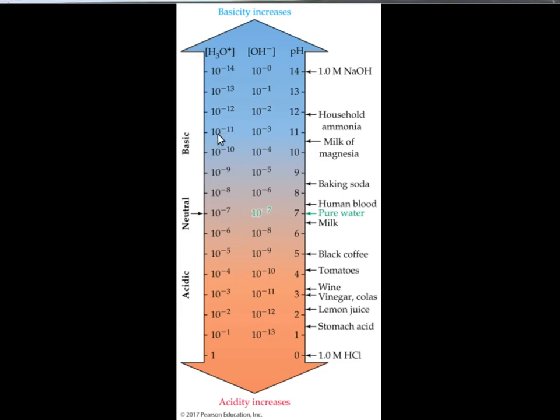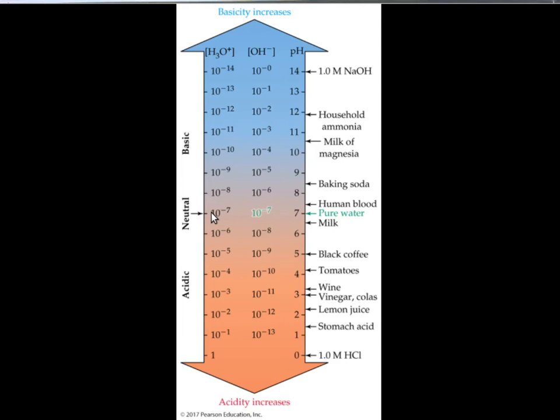If we look at milk of magnesia, the H3O plus concentration is 10 to the negative 10th. The OH minus is 10 to the negative 4th, and multiply those together, you get 10 to the negative 14th. If you come down here to lemon juice, H3O plus is 10 to the negative 2nd, OH minus is 10 to the negative 12th. Multiply those together and you get 10 to the negative 14th. And then here at pure water, right in the middle, perfectly neutral, they are both 10 to the negative 7th.